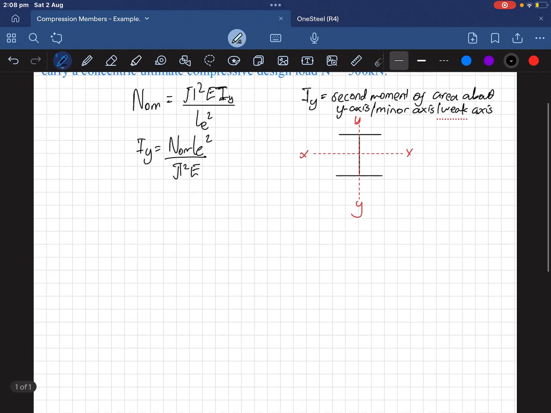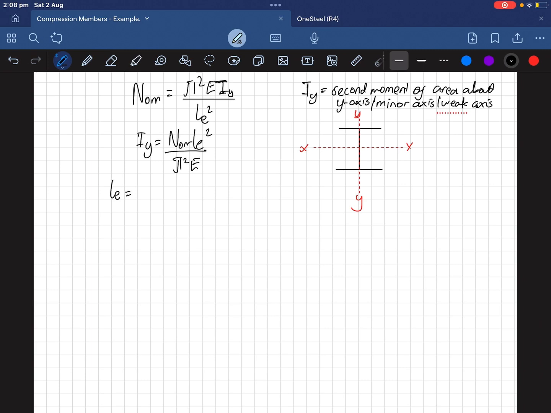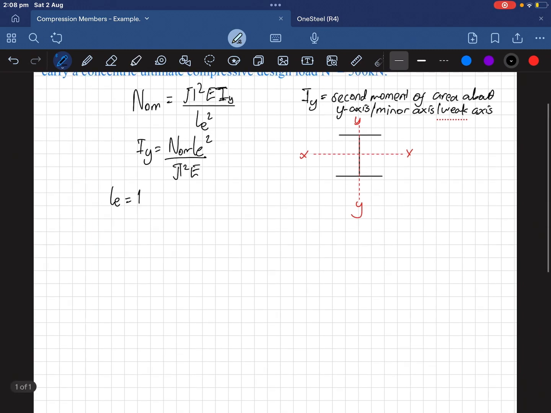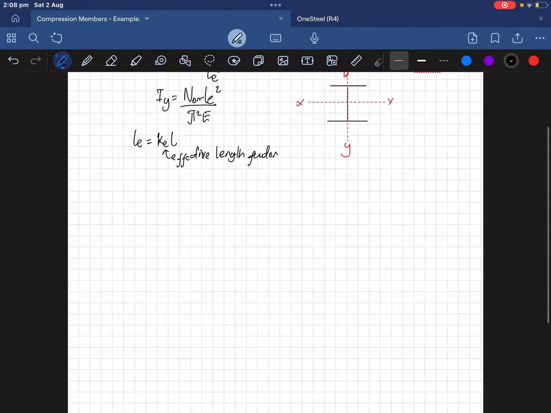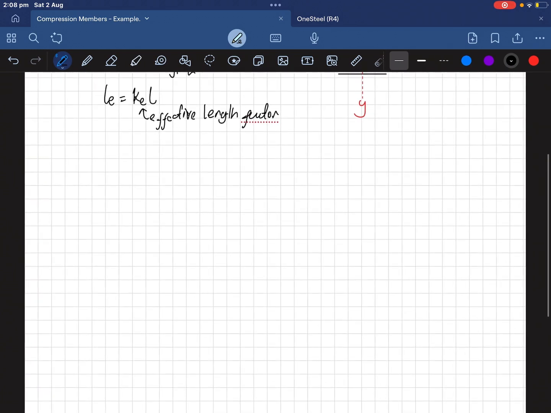The effective length of a member LE equals KE times L, where KE is the effective length factor, which according to the Australian code AS4100, is a factor that you get from idealized column configuration. Say, for example, if you have a pinned column like we have here, KE equals 1 in our situation.